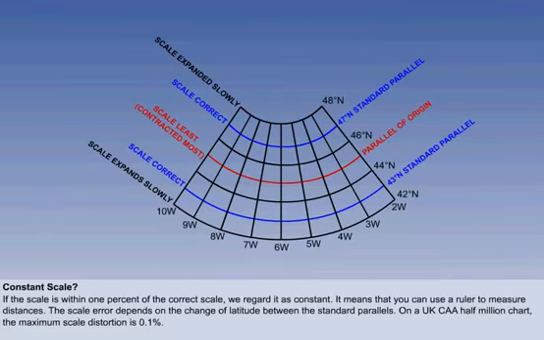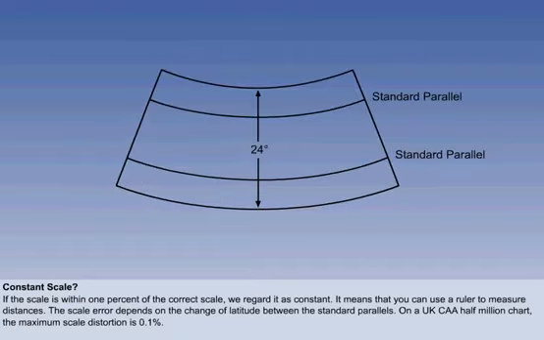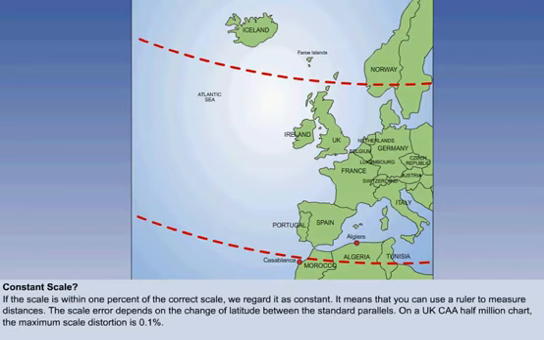Remembering our 1/6 rule again, if we have 16 degrees between the standard parallels, how many degrees are there between the top and bottom edges of the chart? The answer is 24 degrees. This means that the bottom edge of the chart could be in North Africa at 36 north, and we could fly all the way up to the north of Scotland at 60 north, all on a constant scale chart.